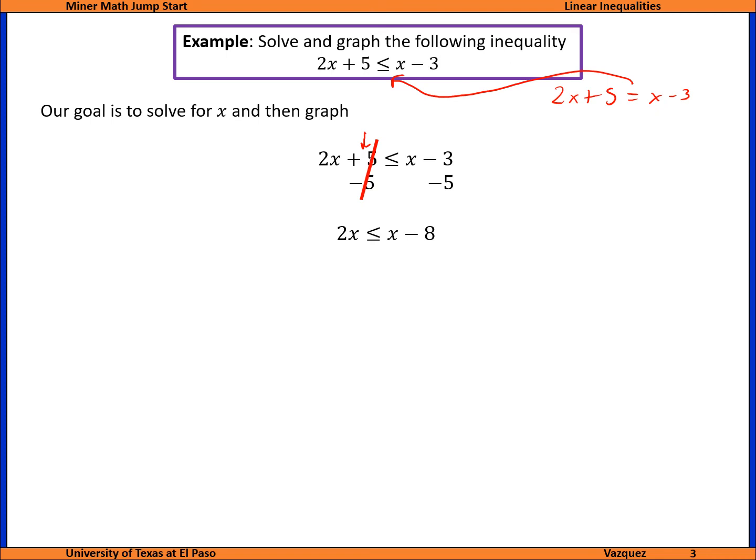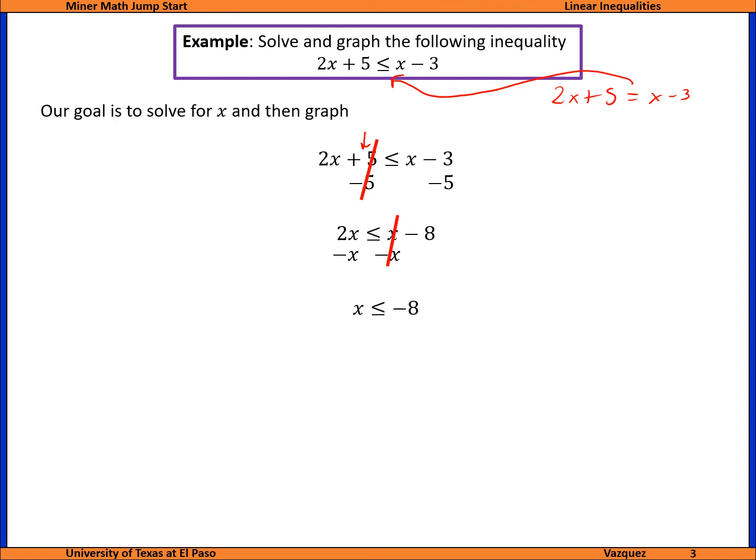We still don't have x's on one side of the inequality. So what we're going to do is now subtract x from both sides. And now those x's will cancel. 2x minus 1x will just be x. So x is less than or equal to negative 8.